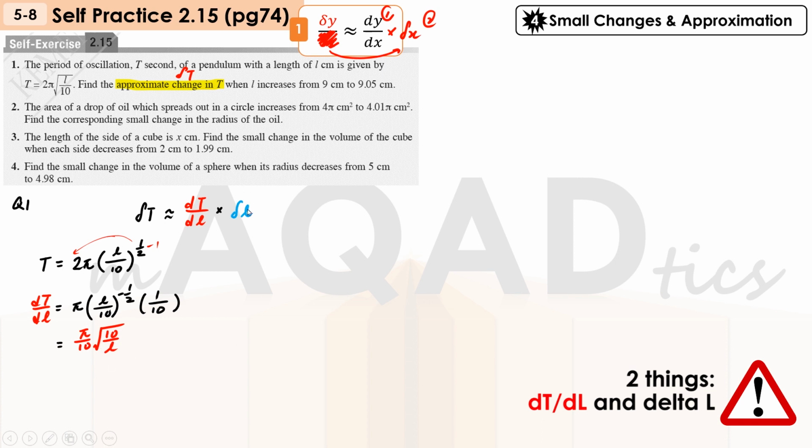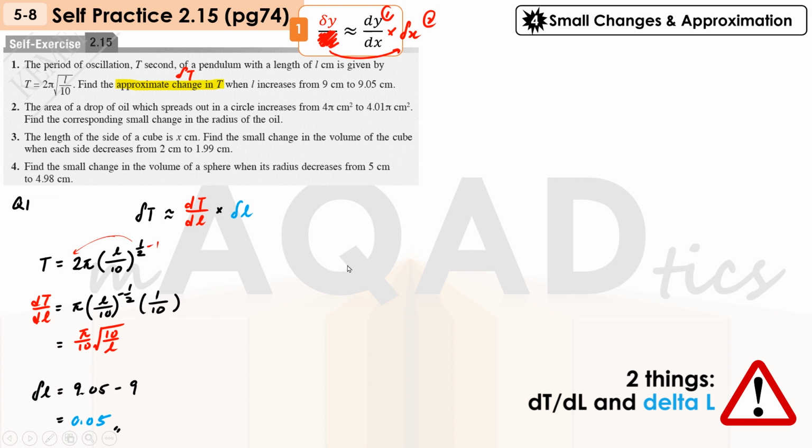The second value is delta L, which is a small change in L, the length. This one is given in the question, so we just find the difference of these 2 values, and delta L is 0.05. Note that this value is positive because the question says L increases.